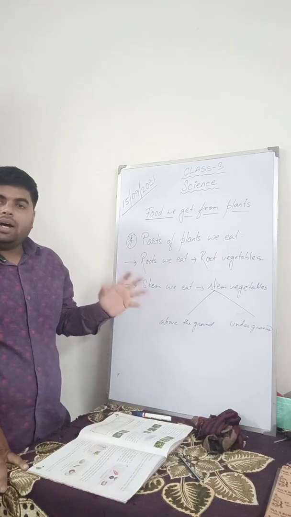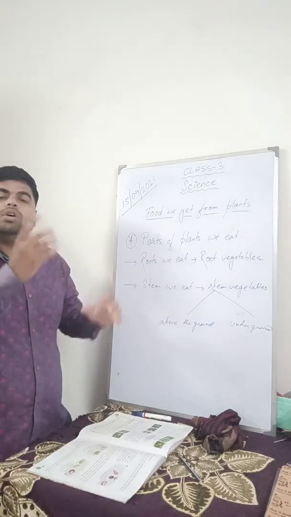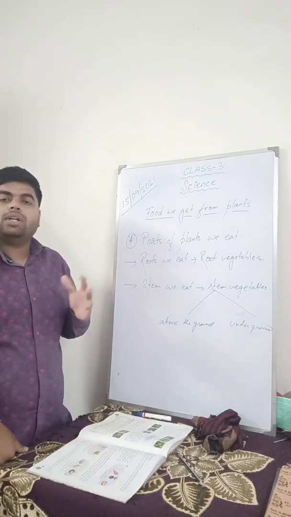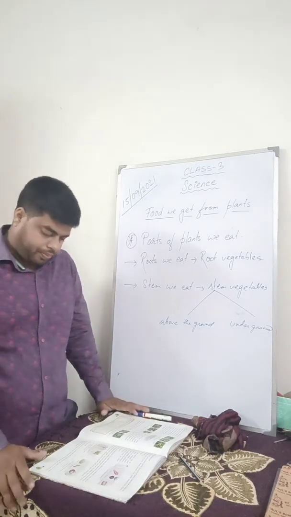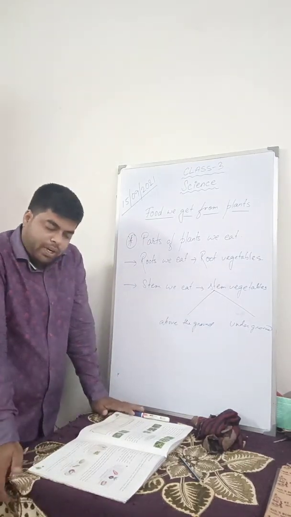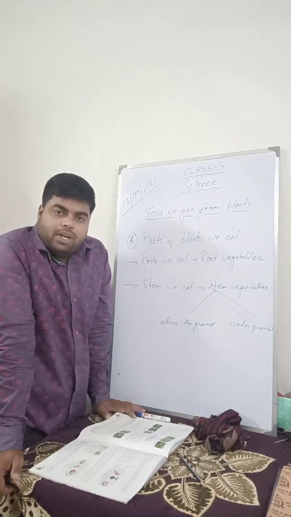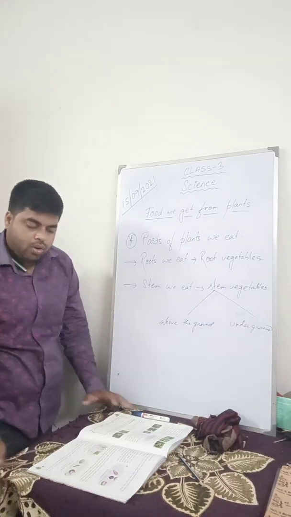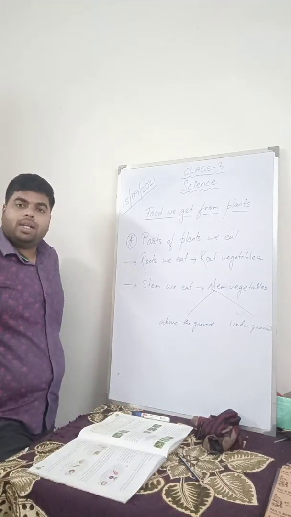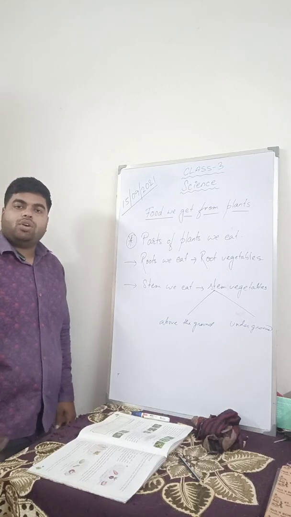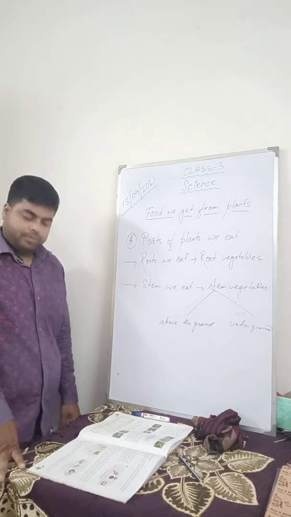So stem vegetables are divided into two: one that grows above the ground and one that grows under the ground. Sugarcane and beetroot grow above the ground, whereas potato, ginger and onion grow under the ground.